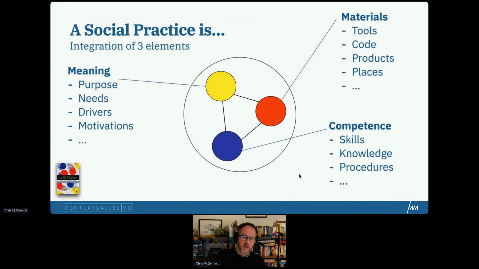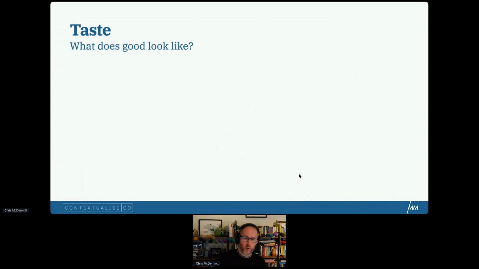Now, the other thing I think is incredibly important when we integrate these three elements is we know what good looks like. We have a sense of taste, and others have a different taste. So when I write a Post-it note as an agile coach back in the day, I would tend to want to use good sticky notes, super stickies.